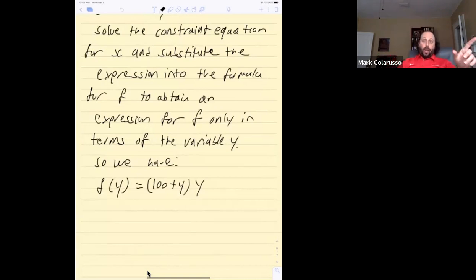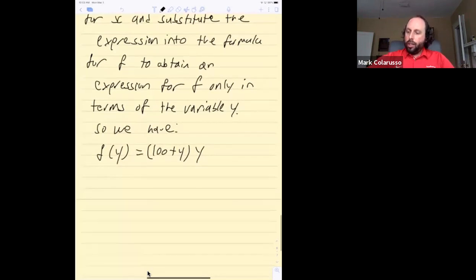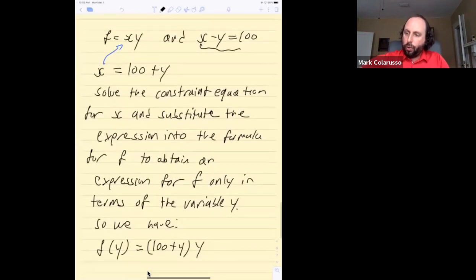And we know how to minimize that function using the techniques we talked about before the test, right? So this is the last step. I guess it's step 4.